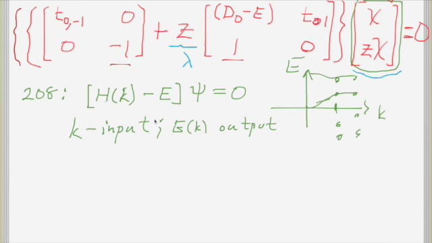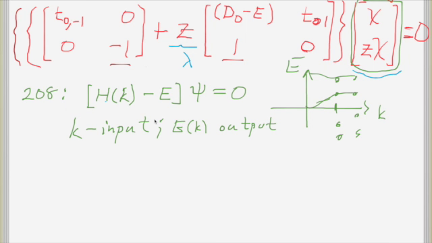Now, if you look at this generalized eigenvalue equation, and let's just continue to think of 1D to keep this simple, there's no k here. And E is an input. E is not an output. E is an input.